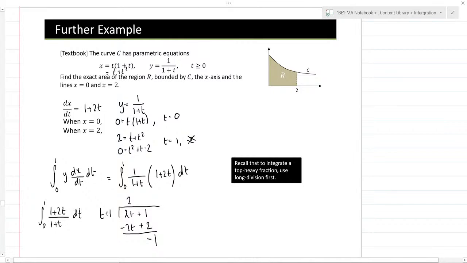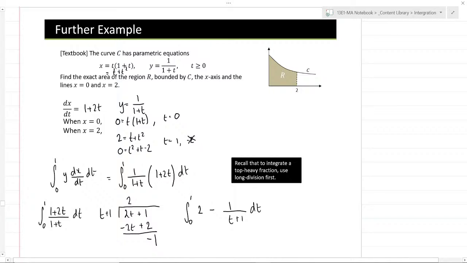So what I'm integrating here is I'm integrating between 0 and 1, 2 minus 1 over t plus 1, whichever way around you want to put it, with respect to t.